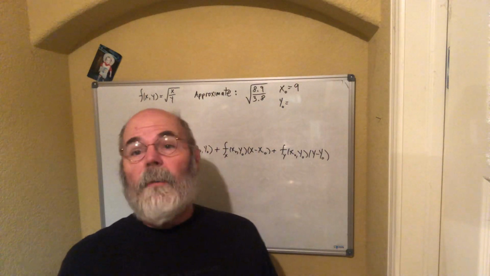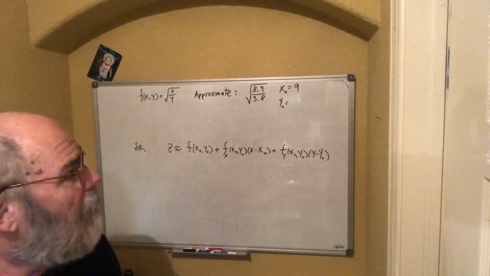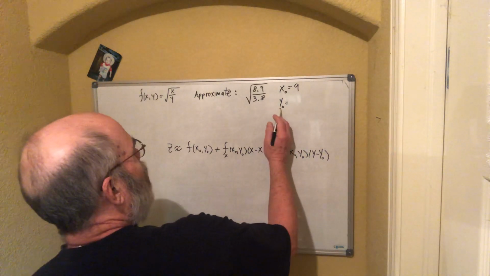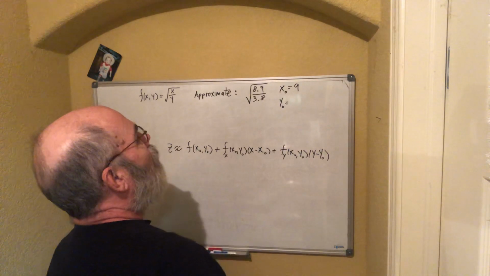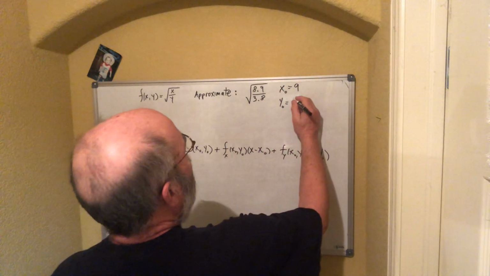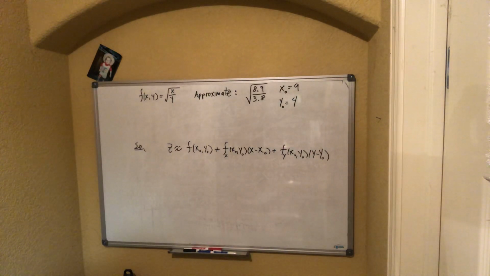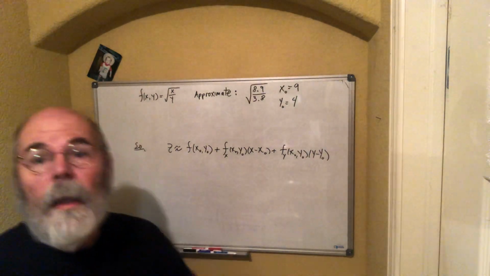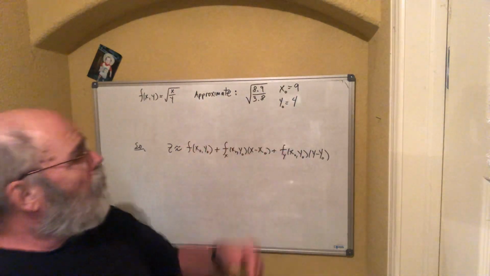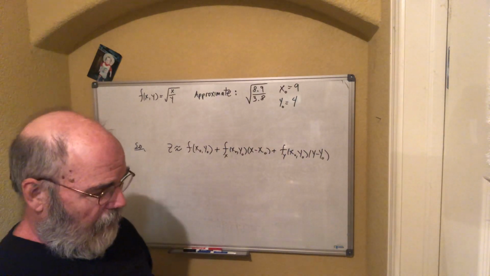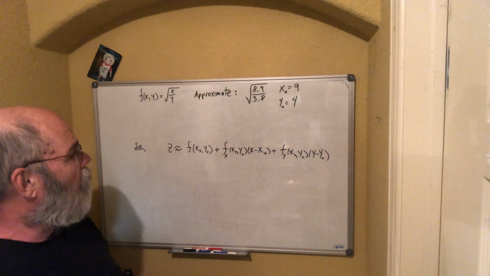So I can evaluate these things by hand quite easily. Similarly, of course, then, y naught is 3.8. And so the obvious point to take to do the expansion is 4.